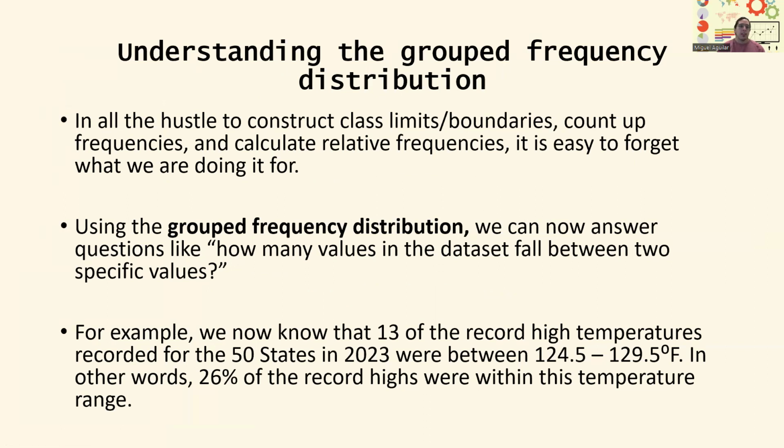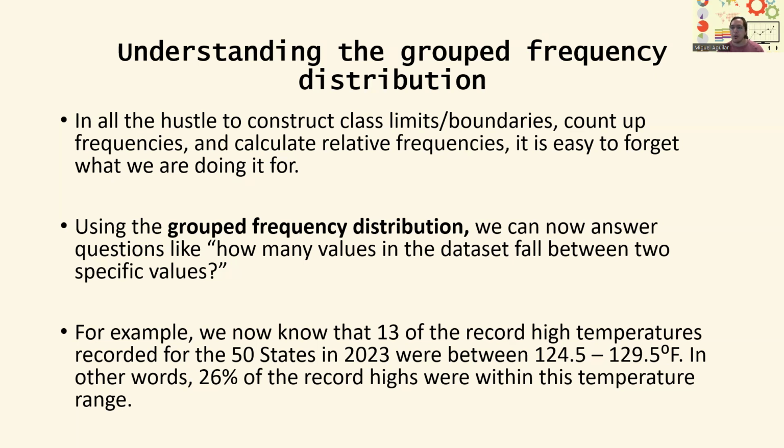Okay, so in all the hustle to construct the class limits and boundaries, count up the frequencies, and calculate relative frequencies, it's easy to forget what we're doing this all for, okay? But using the grouped frequency distribution, we can now answer questions like, how many values in the dataset fall between 2 specified values?